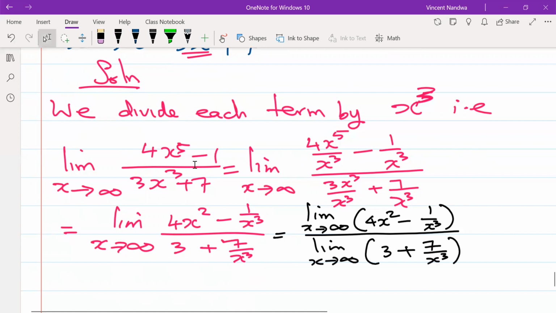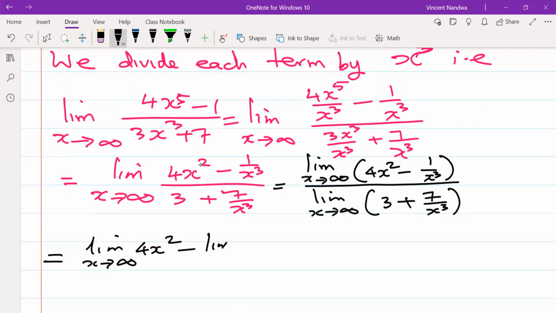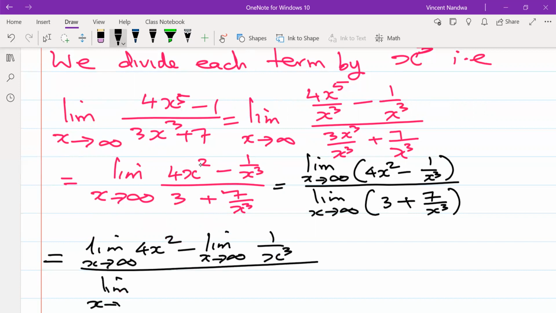So follow step by step so that you get all the method marks. The limit of a difference, you can always take as the difference of limits. So we'll have limit as x approaches infinity of 4x squared minus limit as x approaches infinity of 1 over x power 3, over limit as x approaches infinity of 3 plus limit as x approaches infinity of 7 over x power 3.